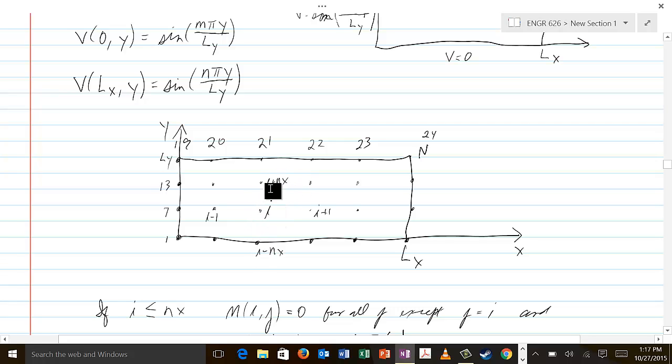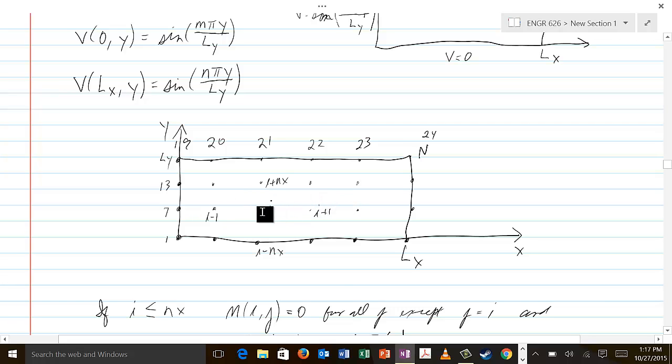And notice that we need to know the node numbers for all 4 of these surrounding nodes, because when we write the expression for the partial derivative of v at node I in the x direction, we need to know the nodes to the right and left.